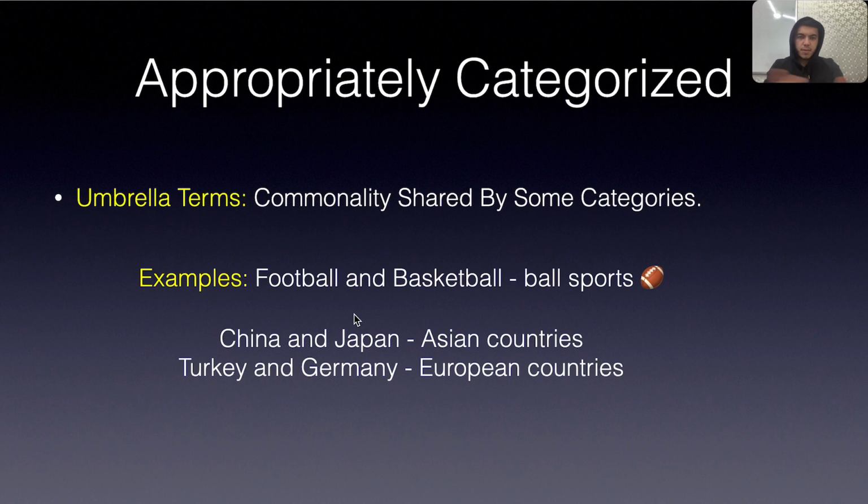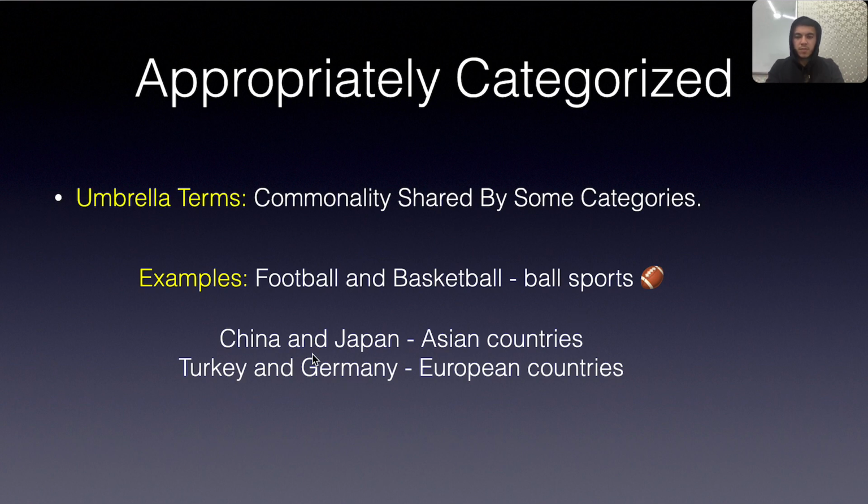Let's say you're given a chart or a graph about football and basketball. You can talk about football and basketball in one paragraph. You can lump them together, that's the word I was looking for, by saying ball sports, okay?